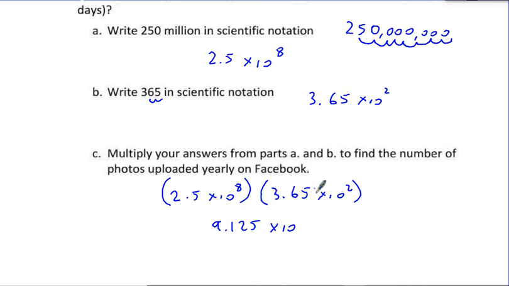We're multiplying same base, we add exponents. This is times 10 to the 10th. That's how many photos would be uploaded yearly on Facebook according to that 2011 report. I'm sure today that number is drastically different.